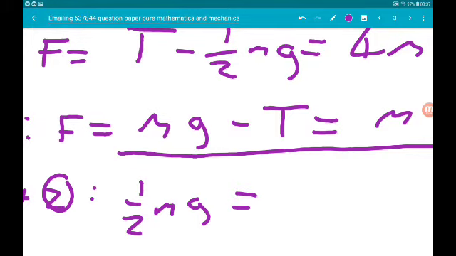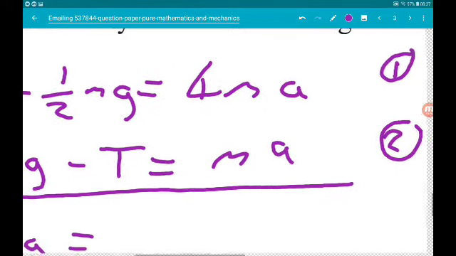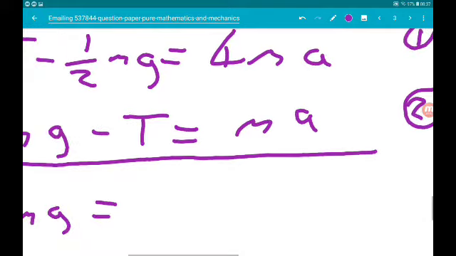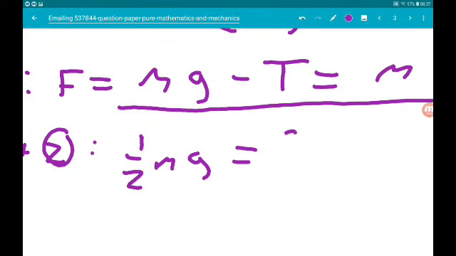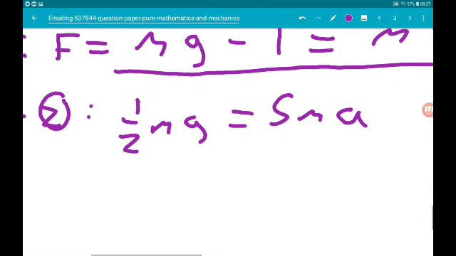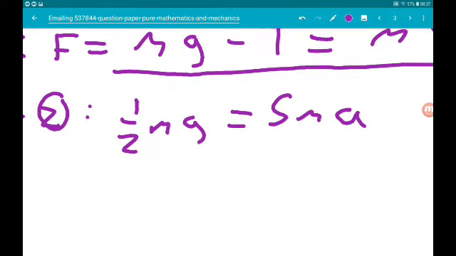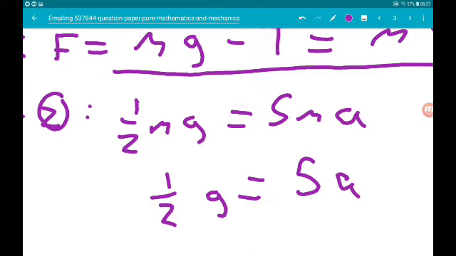And that is equal to 4ma add ma, so that's 5ma. Both sides have a common factor of m, so we can say 1/2 g is equal to 5a.